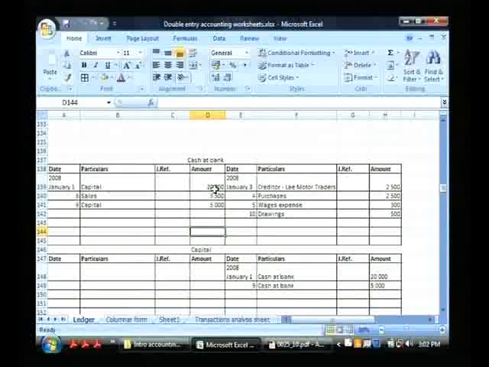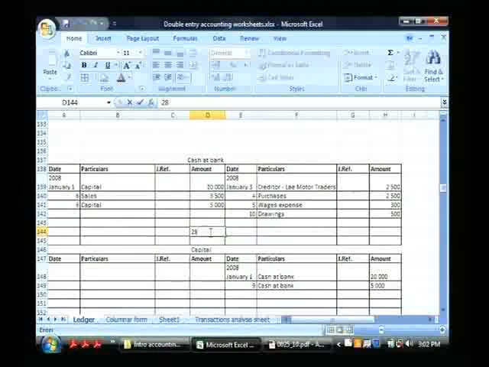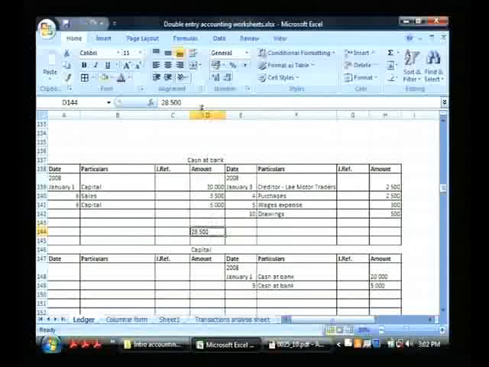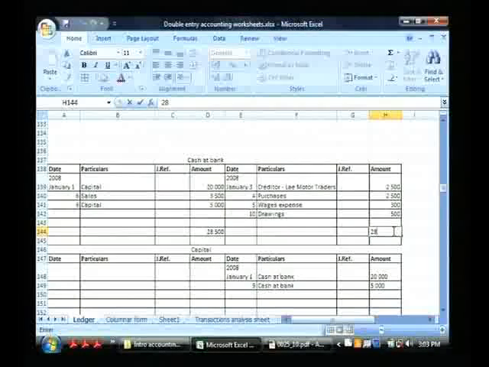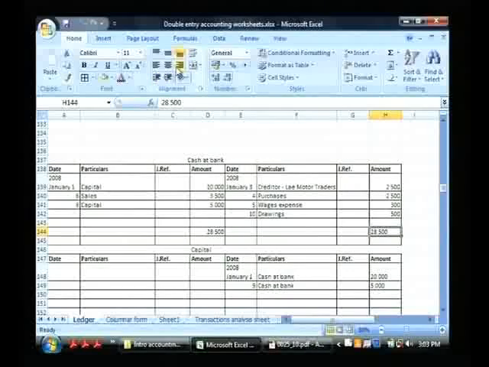As you can see, the debit side is more, therefore on both sides you have to write the highest value, that is 28,500, the debit side total. On the credit side also you have to write the same amount.